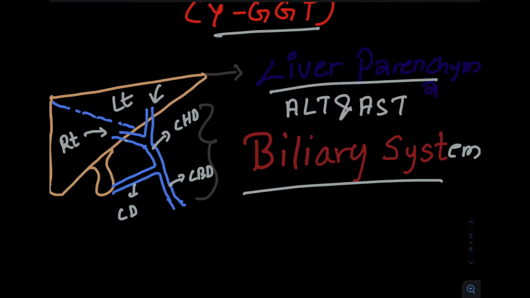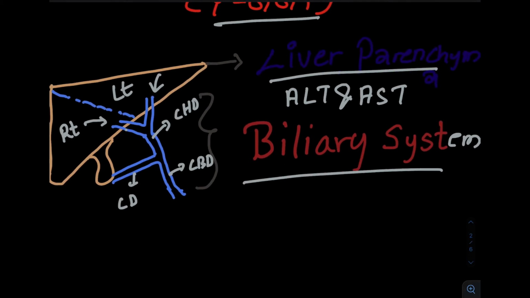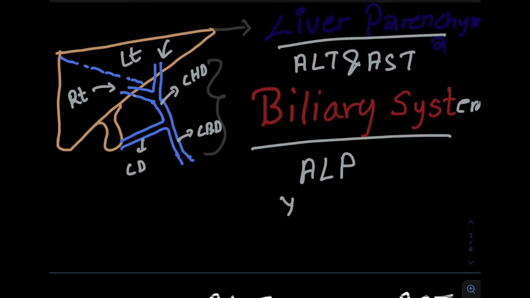Similarly, when there is any disease process involving the biliary system, then there is rise in the level of ALP or alkaline phosphatase and gamma glutamyl transferase or gamma GGT.